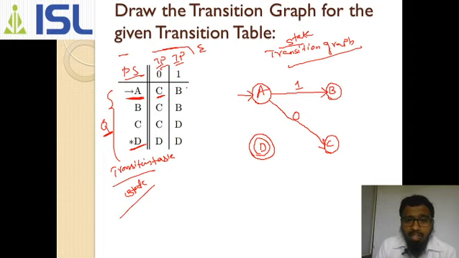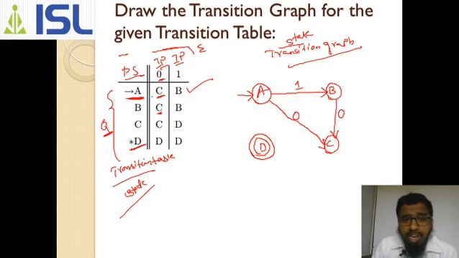Okay, so this is finished. Next, B. B is going to C when the input is 0. Now this is also finished.